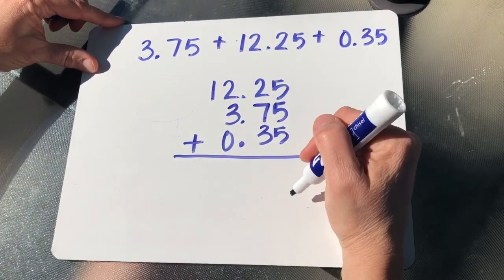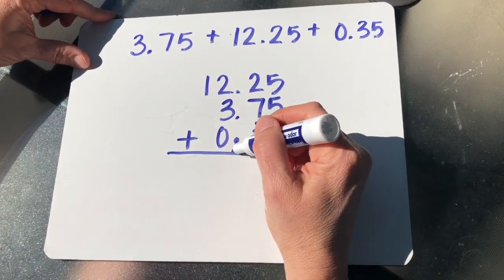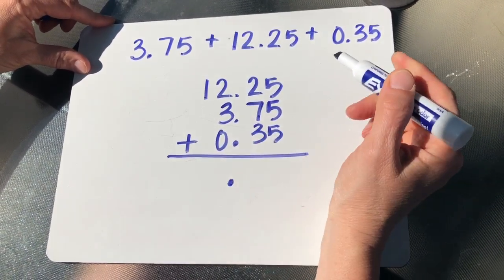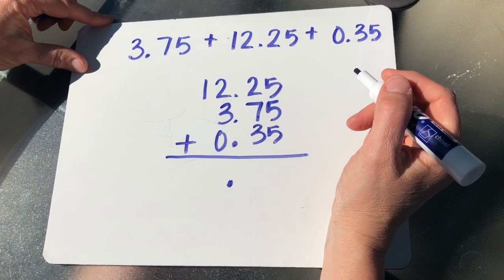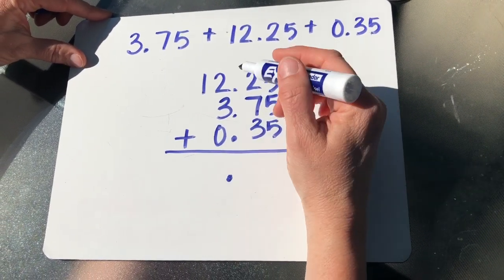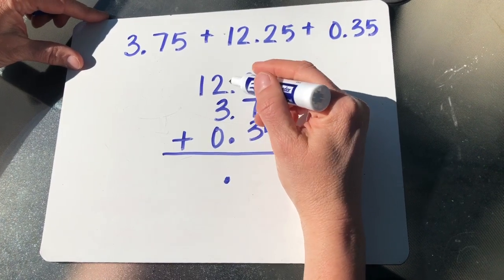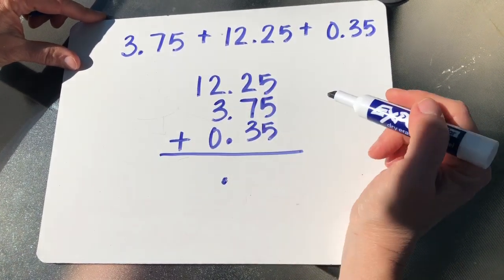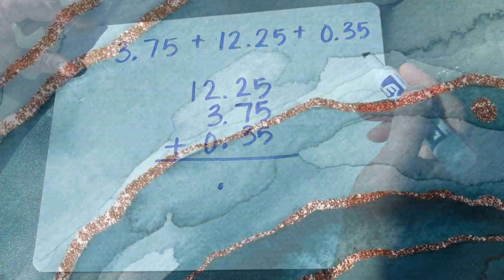And then I'm just going to add like normal, and I'm going to bring the decimal point straight down in my answer. So it's a bit different than multiplying decimals, so just make sure for addition and subtraction, you've got to line up the decimal point and bring your decimal point straight down for your answer.